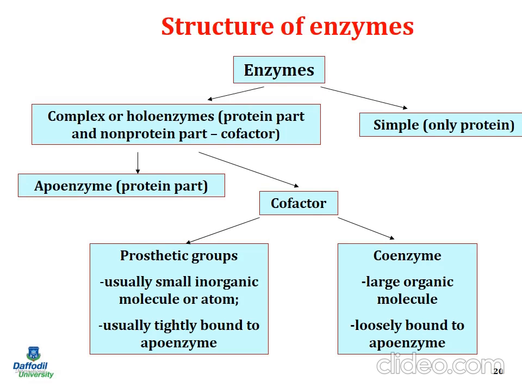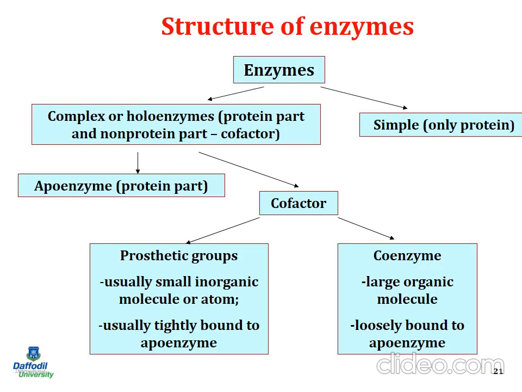Now a coenzyme is just a large organic molecule. It could be some vitamin-like molecule, it could be any other lipid, it could be a glycoside or something like that, but it is an organic molecule which is loosely bound to the apoenzyme. Loosely bound to the apoenzyme means it is bound with a non-conventional bond.